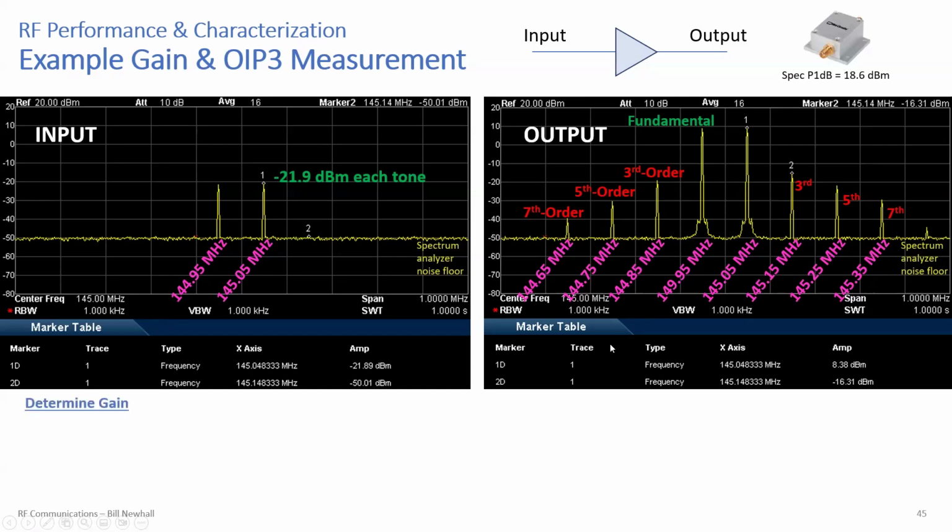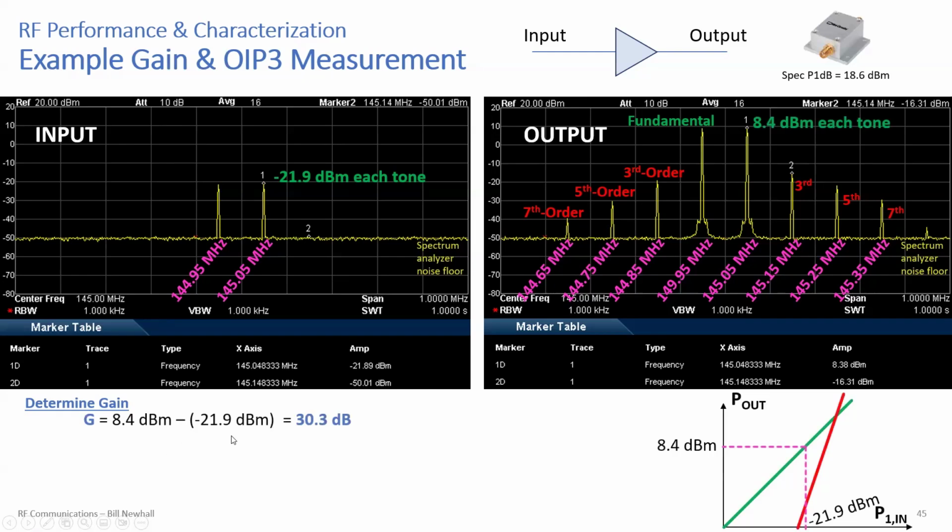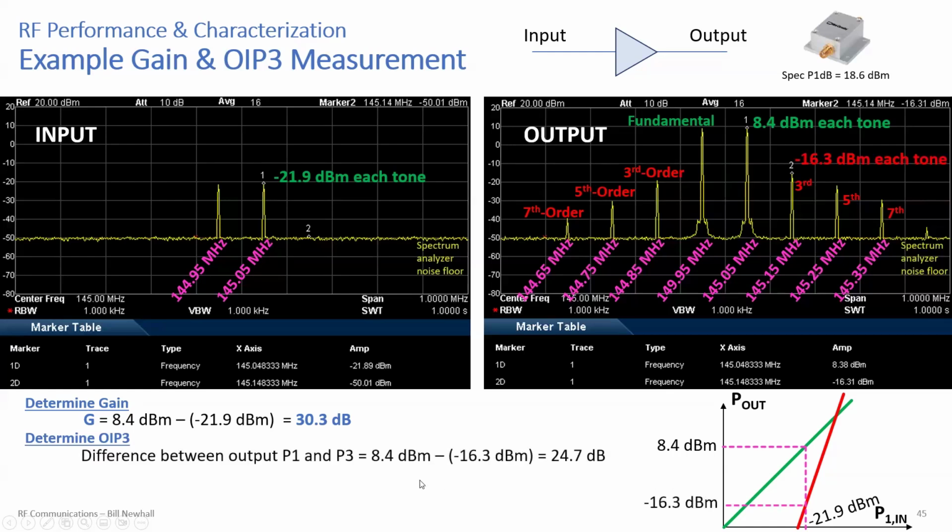So to determine the gain, you look at the increase in the fundamental power. 8.4 dBm at the output minus negative 21.9 dBm at the input, I have 30.3 dB of gain. To determine the output IP3, the difference between P1 and P3 at 8.4 dBm is 24.7.